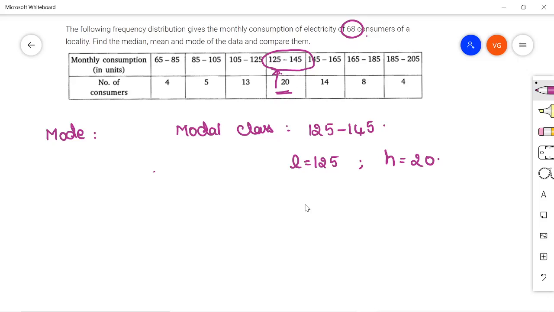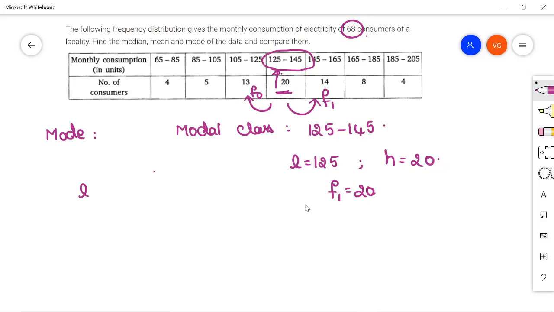Then the frequency of the modal class is f1, which is 20. f0 is the frequency of the class preceding the modal class, and f2 is the frequency of the class succeeding the modal class. So this is the data we need to calculate the mode.